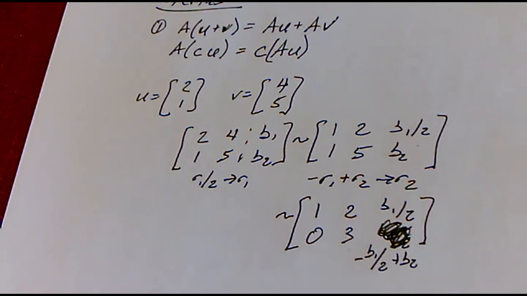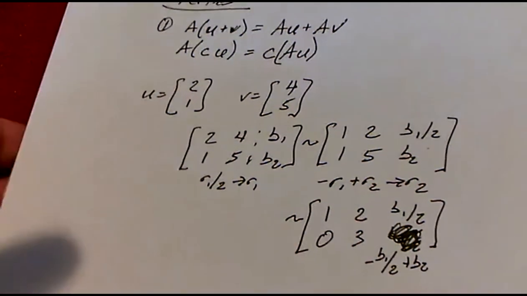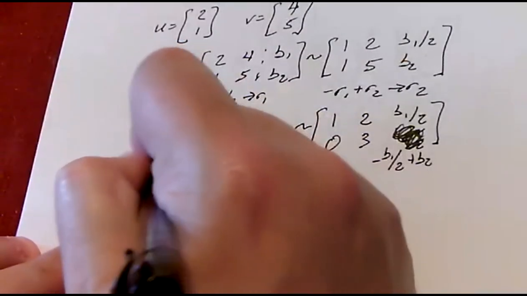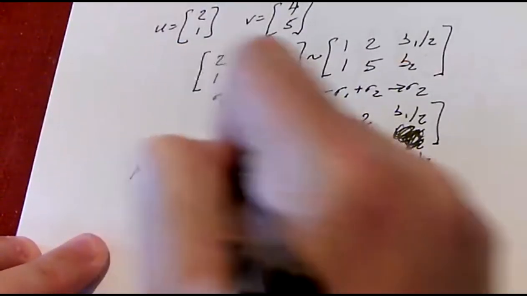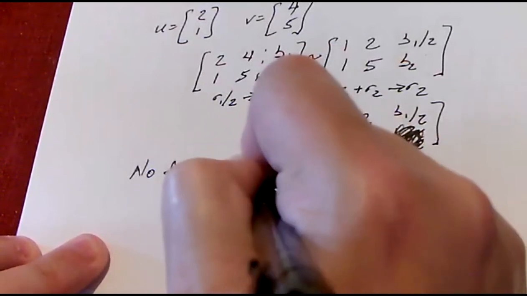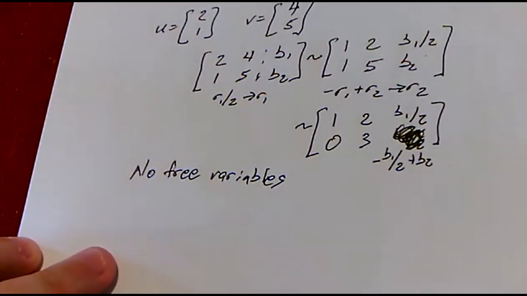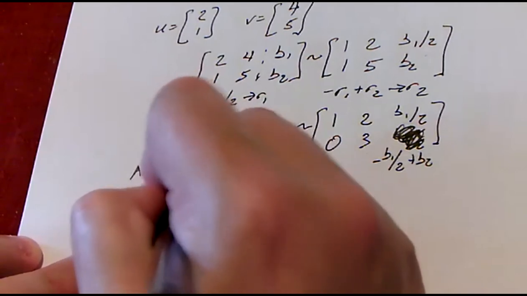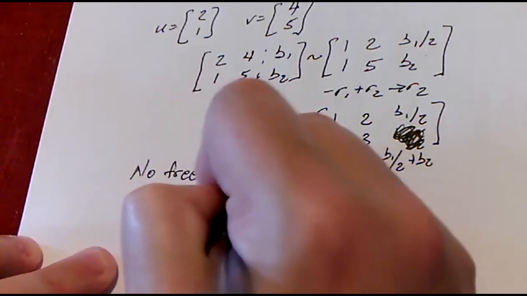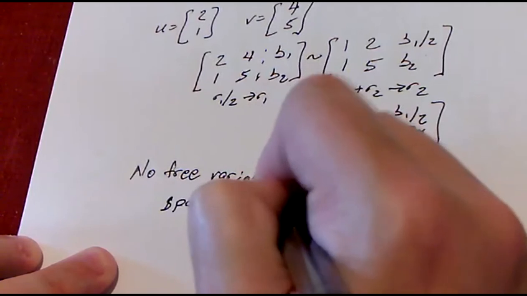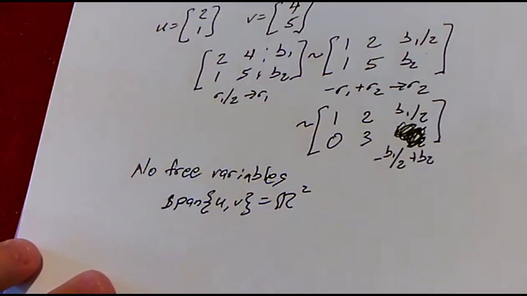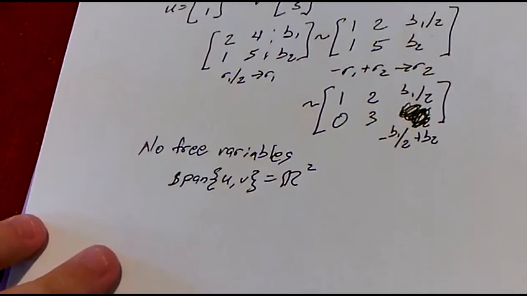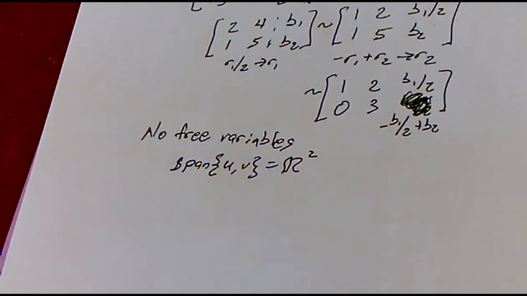But if I'm able to reduce this to where I have no free variables, then that means I cover the entire space. So since I have no free variables, that means the span of U and V is equal to all of R2. Now, if you have a free variable, then you have less than that.